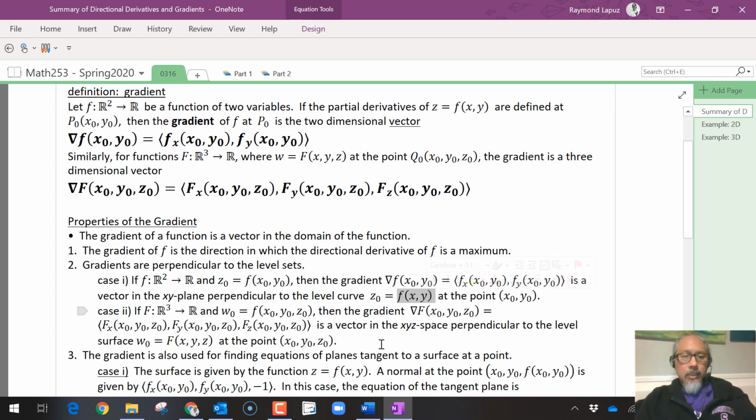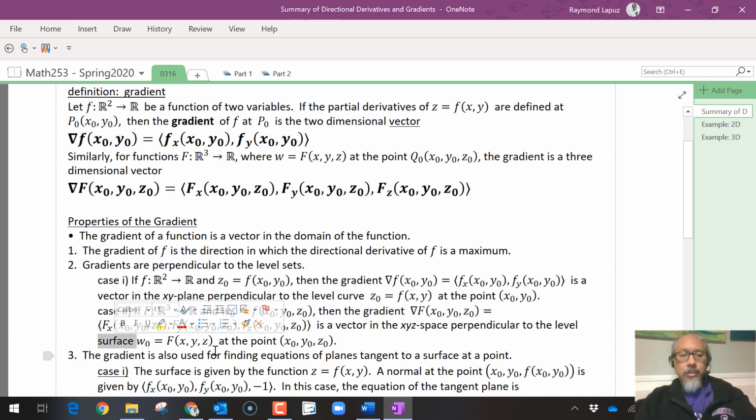Okay, if your function is going from R3 to R, then your gradient is actually a three-dimensional vector that is going to be perpendicular to a level surface. So what we have here is a surface, a function of x, y, and z equal to a constant, and you can think about that as your surface, and your gradient is perpendicular to a level surface.